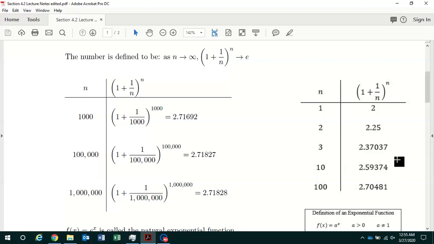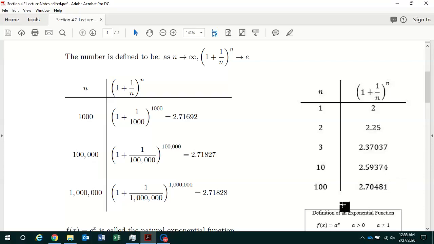Similarly, for the third number in the sequence, we put in 3 for n, and we get 2.37037. We do the same thing for the 4th, 5th, 6th, 7th, 8th, and 9th numbers. For the 10th number, we put 10 into the formula, and we get 2.59374.